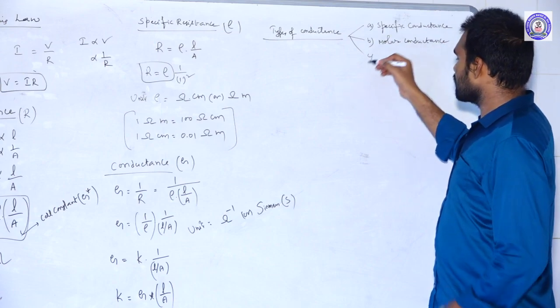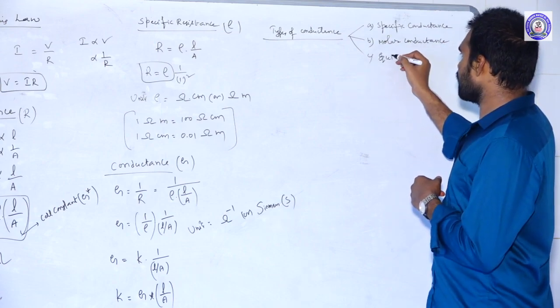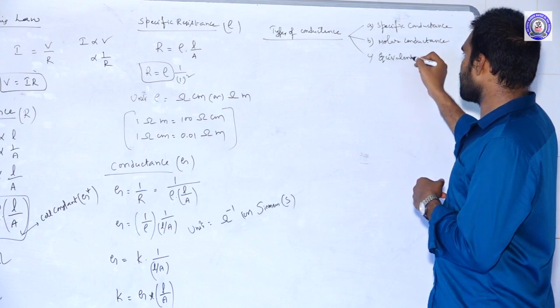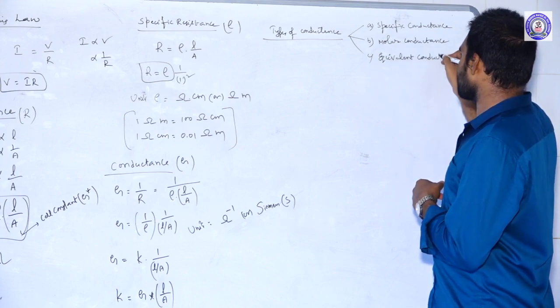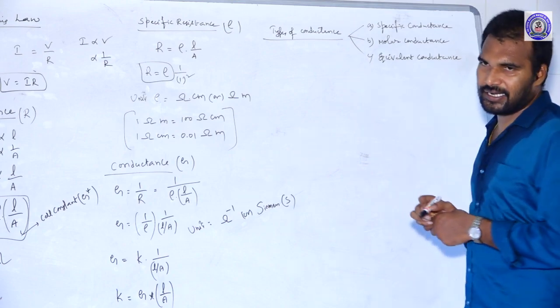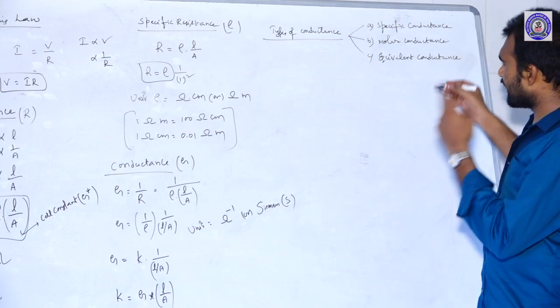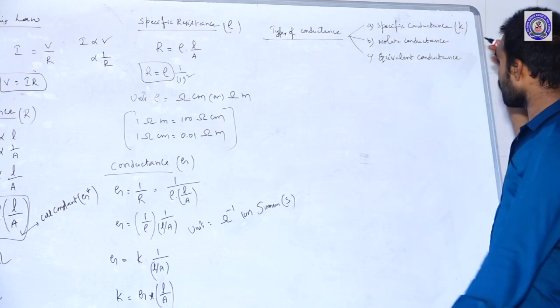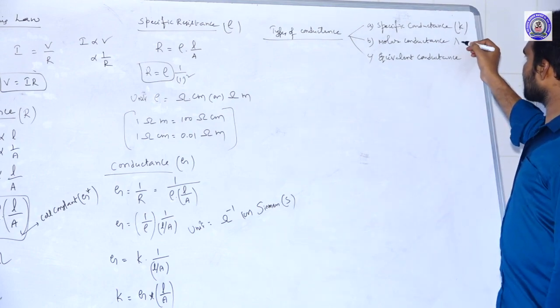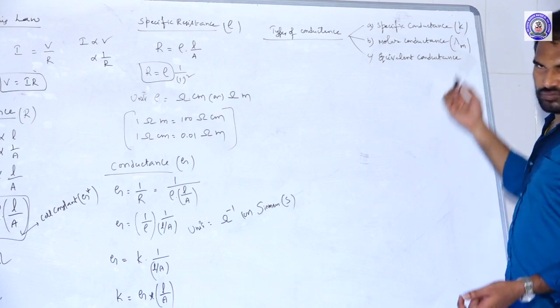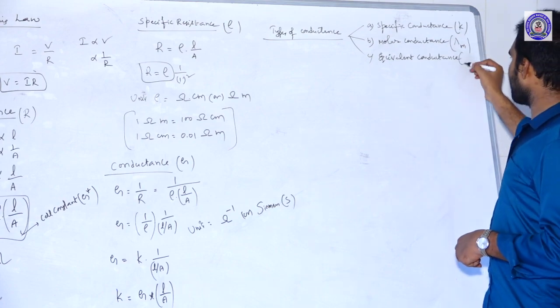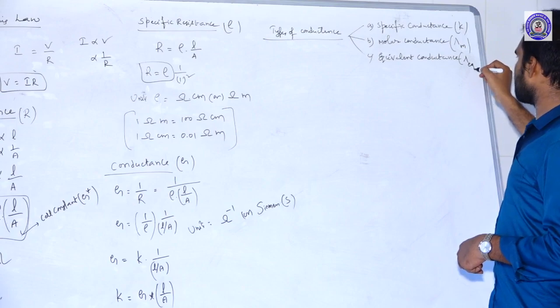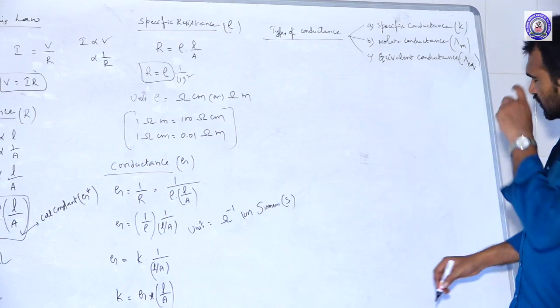The third one is equivalent conductance. Specific conductance, I already told you, we represent with K, which means kappa. The molar conductance we represent with lambda M, and equivalent conductance we represent with lambda EQ. So that is the representation of these.